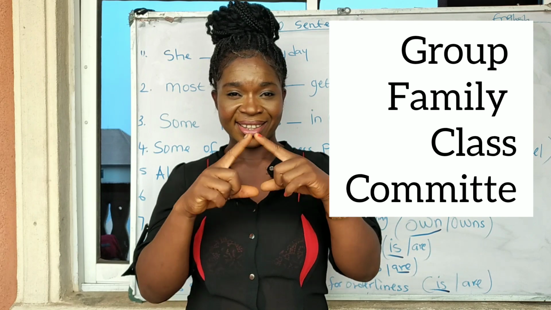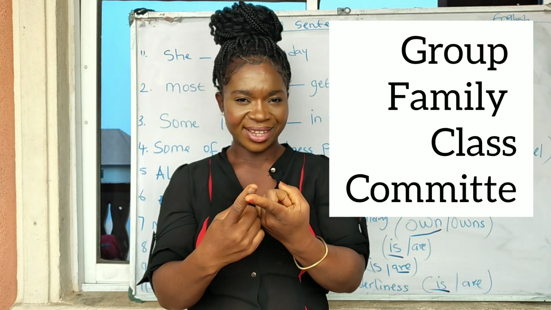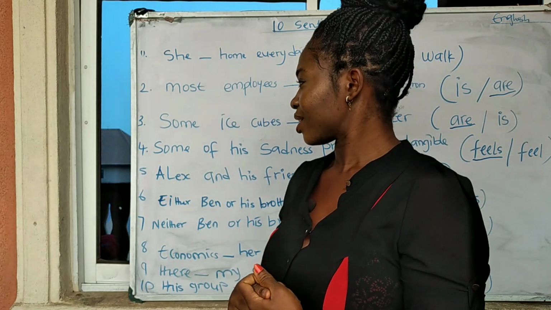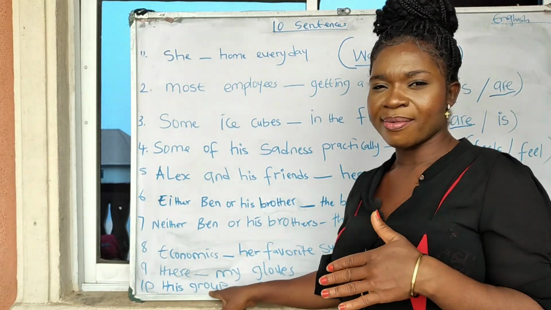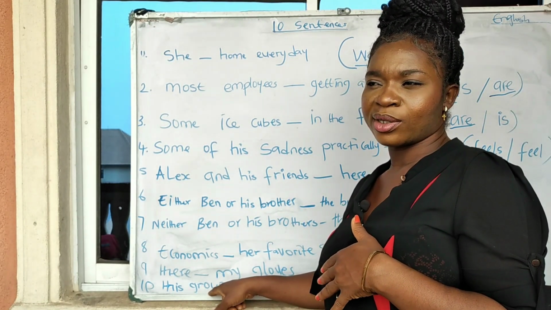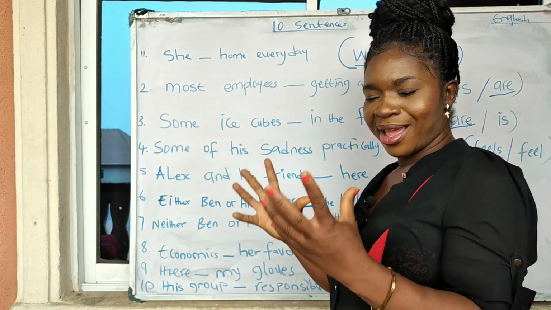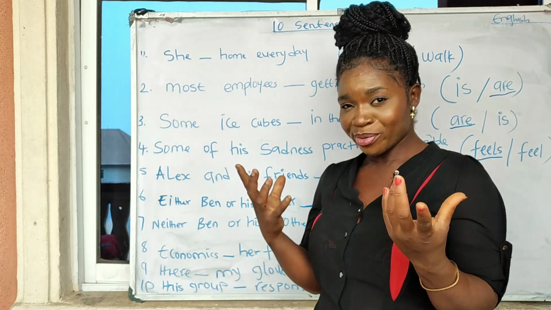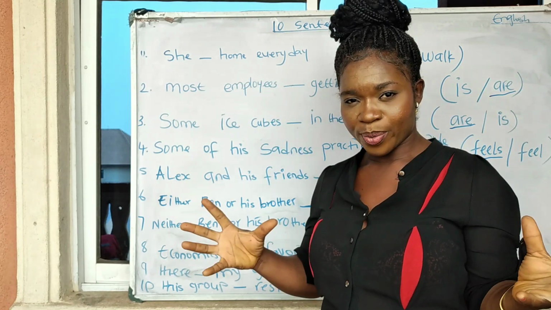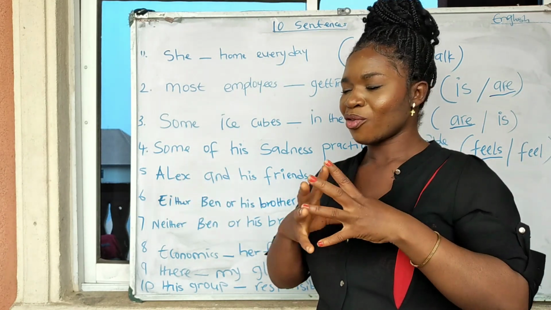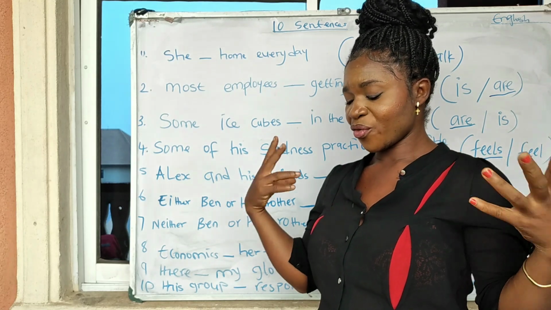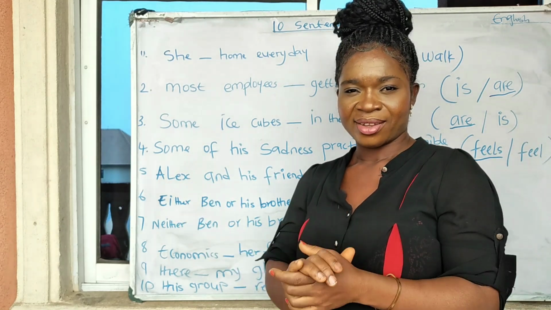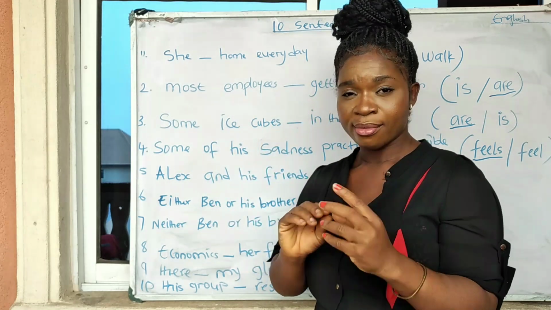Like a whole together. On the board here we have group. We're talking about lots of people, a mixture of people, not just one person. A group is made up of more than one person. It could be 2, 3, 4, or 5. A group, a whole put together.